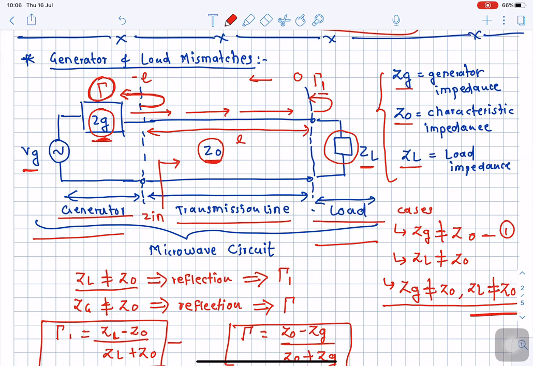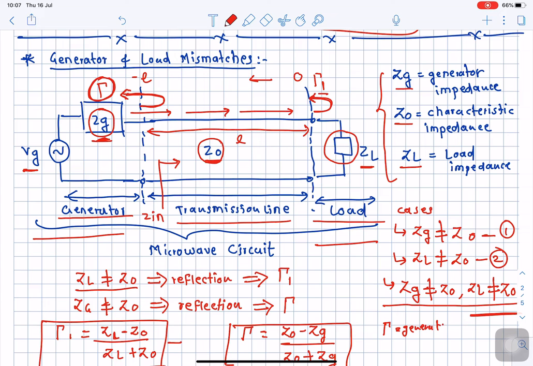Similarly, in the second case, if the load impedance is not exactly equal to the characteristic impedance of the transmission line, at that time also reflection will happen. That reflection we denote with gamma 1. So please remember, gamma is a reflection on the generator side.